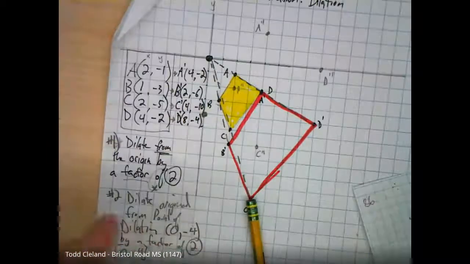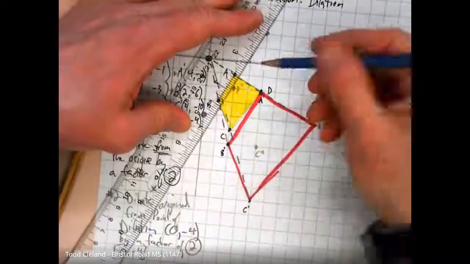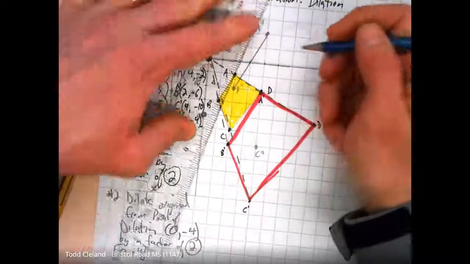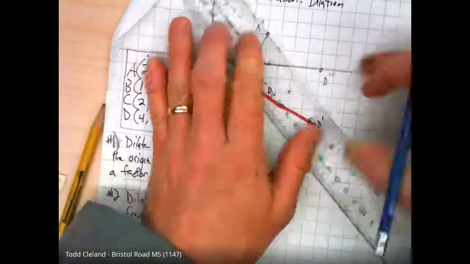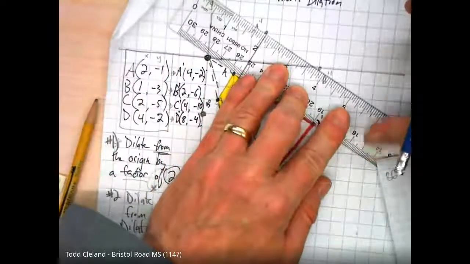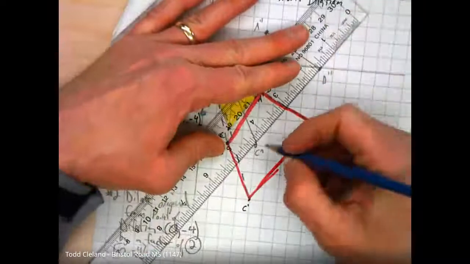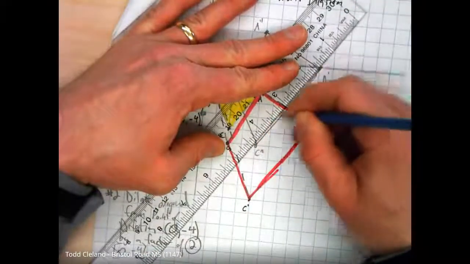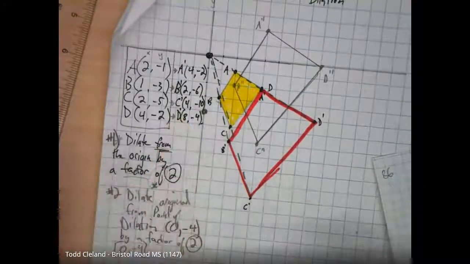Okay, and now I can draw my shape. And if all goes well, it should be the same size. But now it's from a different location.